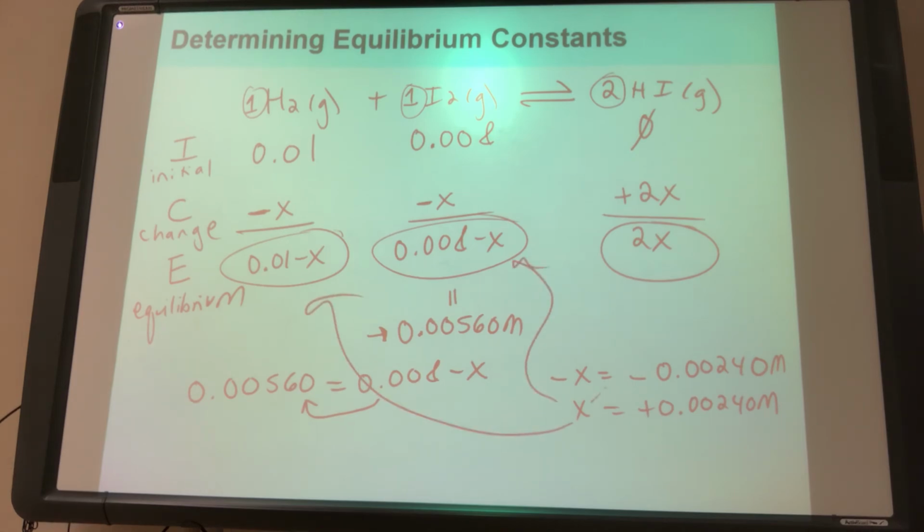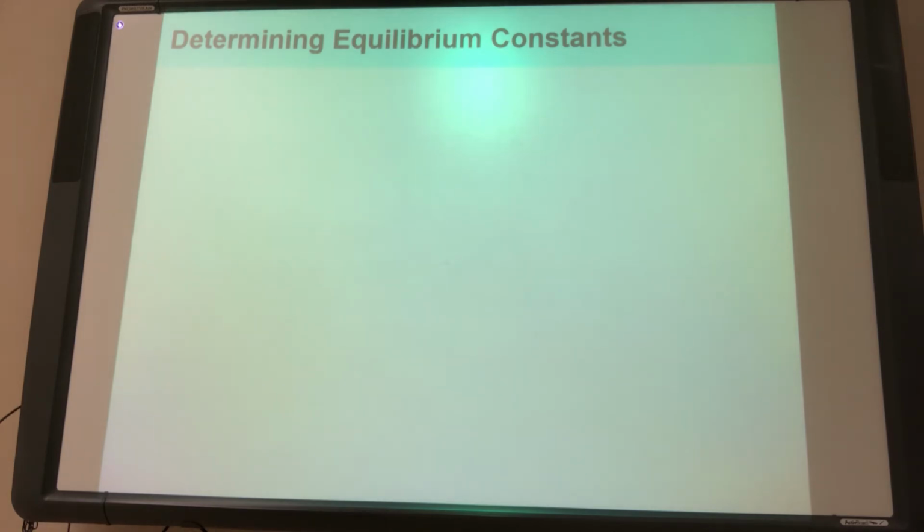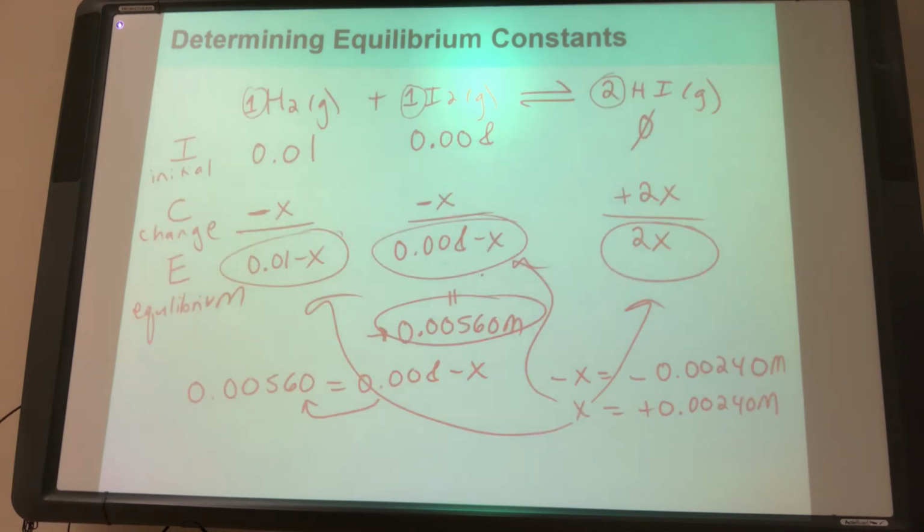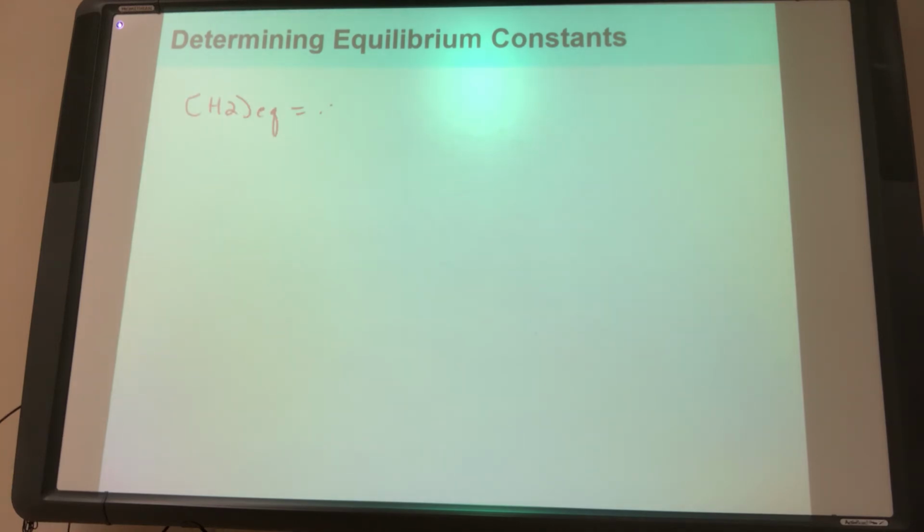Now you don't have to do this one because we already know the answer. For H2 equilibrium, we said it was 0.01 minus x. So if I know what x is, this is 0.01 minus 0.00240. So this guy is going to be 0.00760 molar.